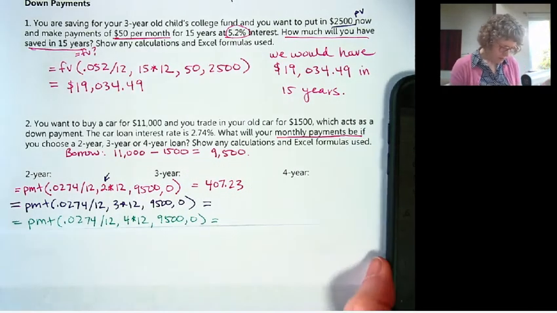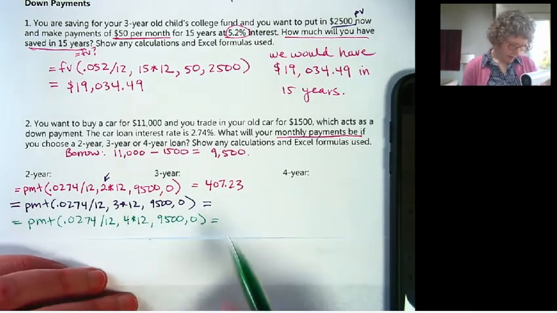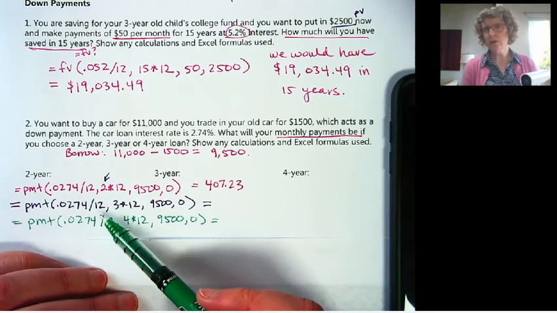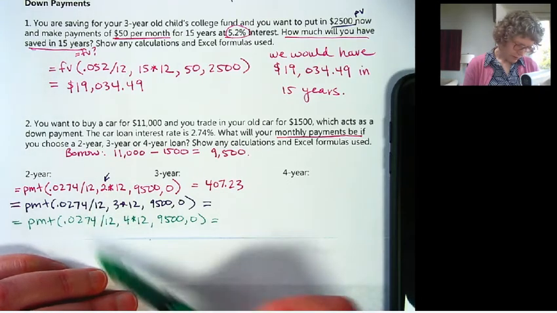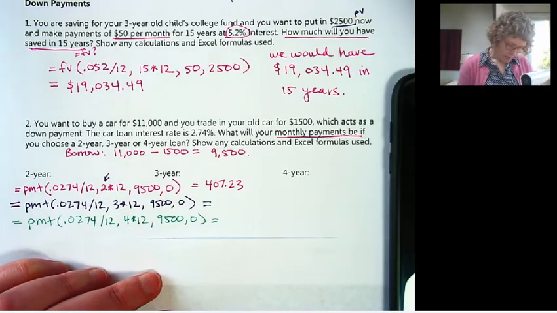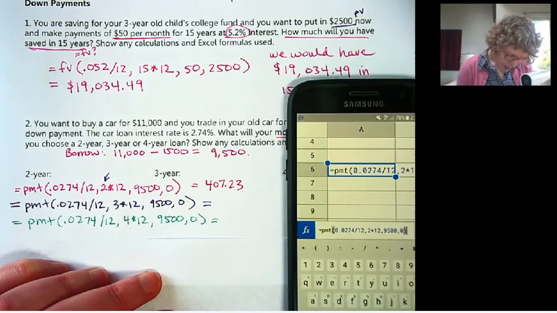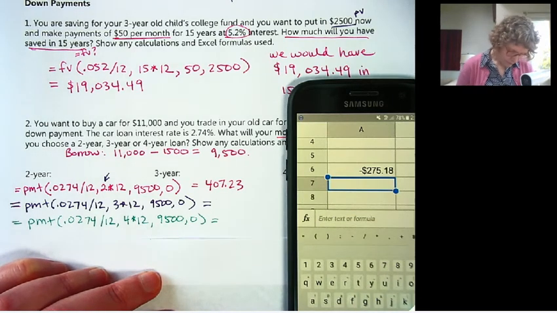Now, I haven't shopped around for cars lately, or car loans lately. If you have a different length of your loan, I don't know whether the interest rate will change. Maybe you know that if you've been in this situation recently. I'm not sure. This is a good chance where we can just edit our formula. Change that to 3, enter, boom, we're done.